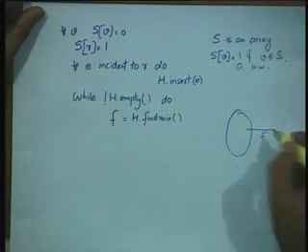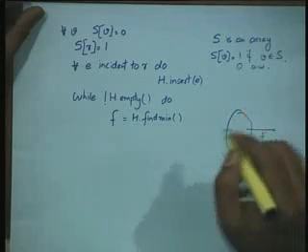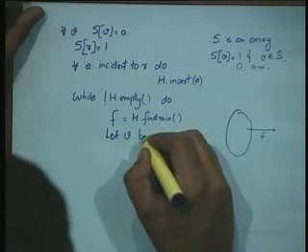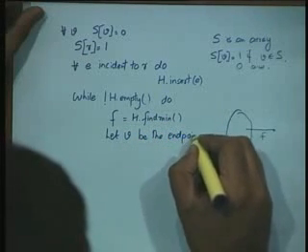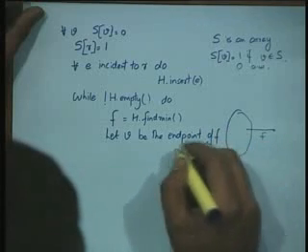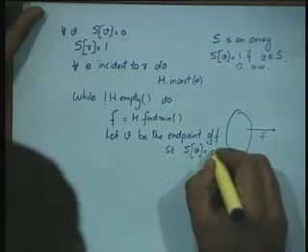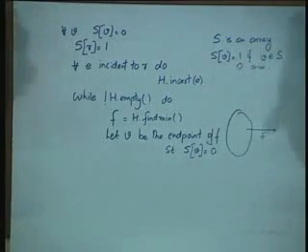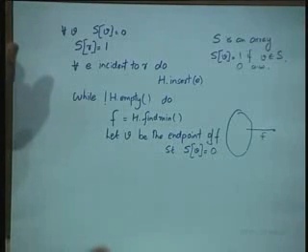I have to find the endpoint of F which is not in S. Let V be the endpoint of F such that S of V equals 0. You can do this, you will look at both endpoints and see which one is 0, that will be in this statement.